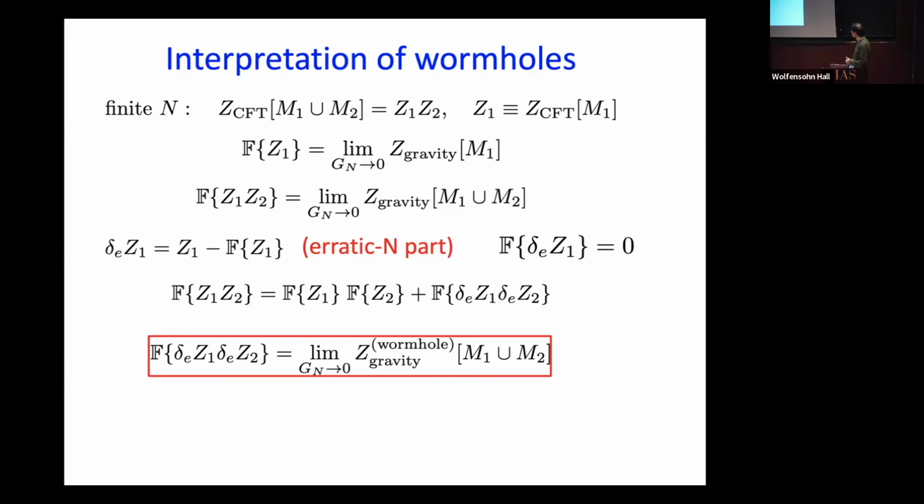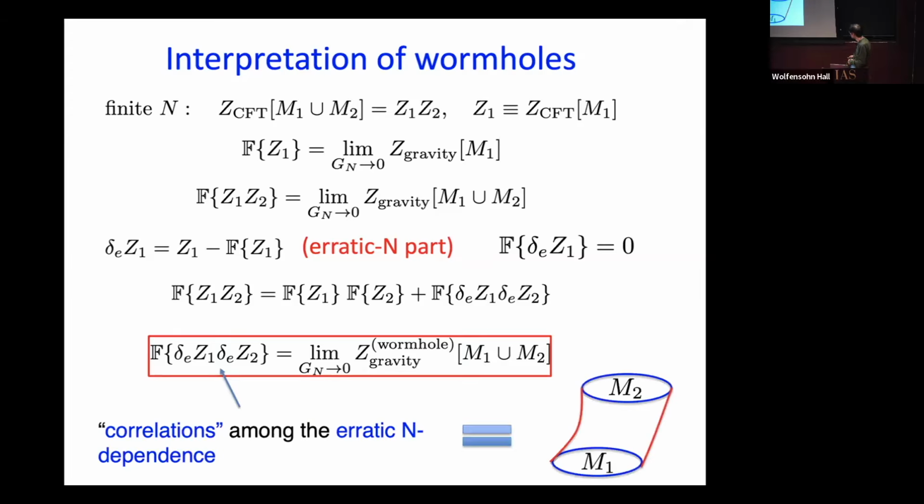So, with a slight abuse of language, let's call this correlations among the erratic independence. For example, if these have some phase and these have some phase, then the phases can cancel, and then they may have a well-defined filter. So the slogan is that these correlations among the erratic independence are captured by wormholes.